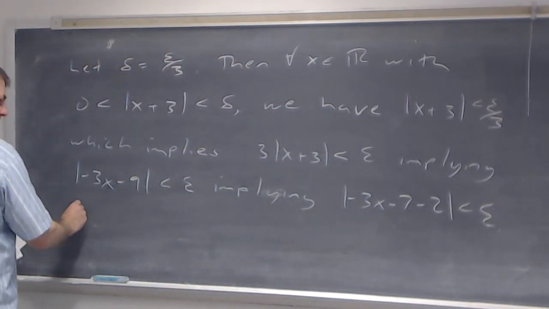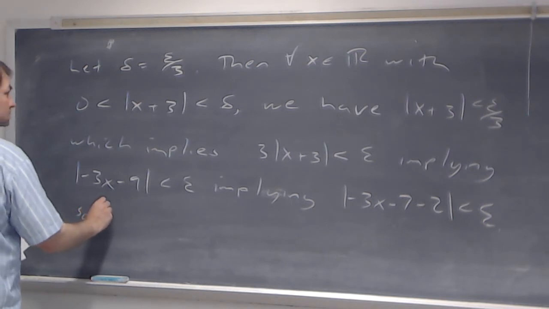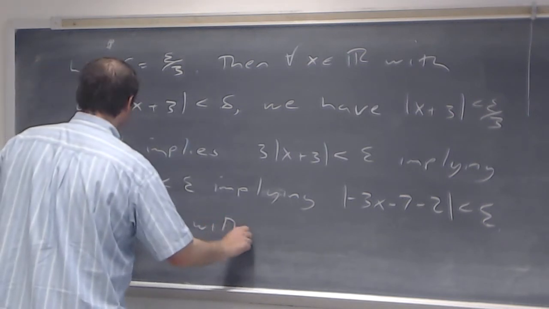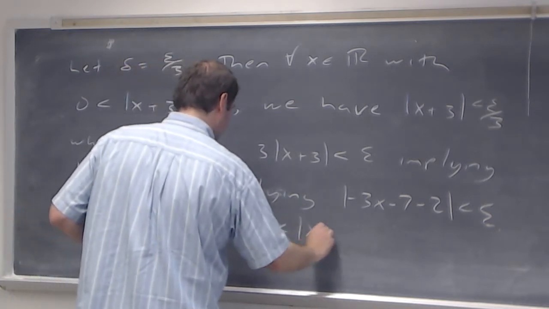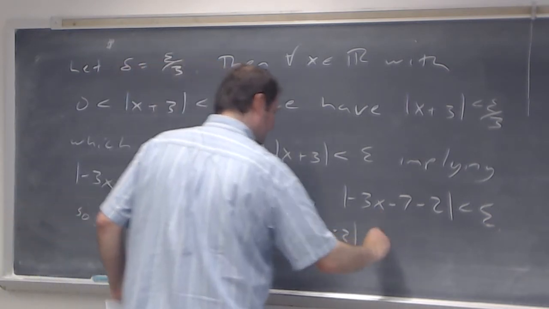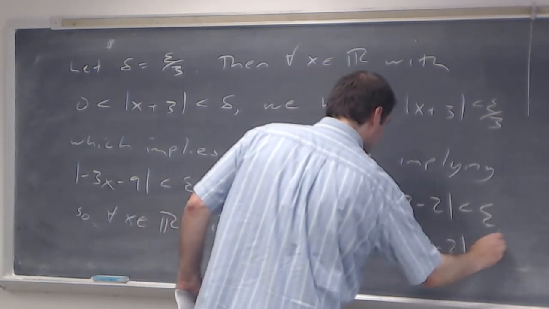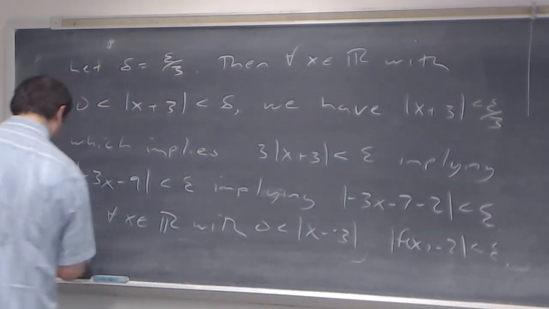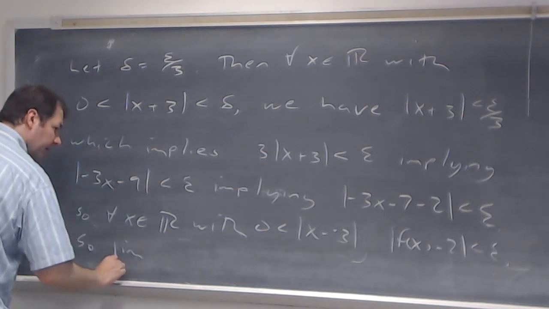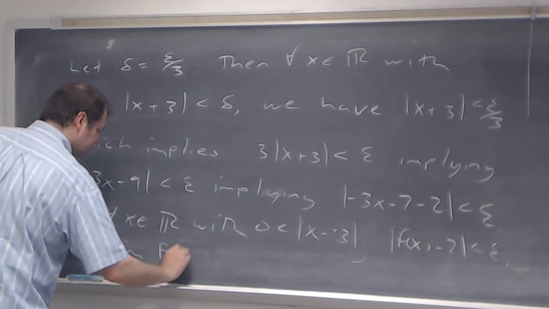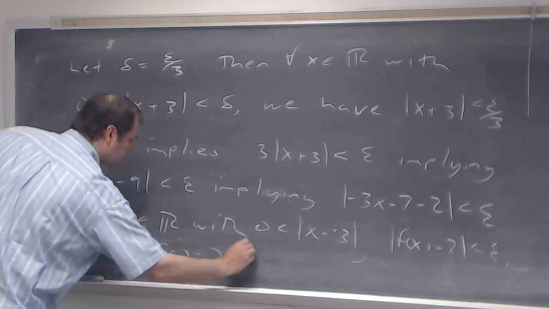And that implies, so for all x in R with 0 less than absolute value of x plus 3 less than delta, this says that the absolute value of f of x minus 2 is less than epsilon. So the limit as x goes to minus 3 of f of x equals 2.